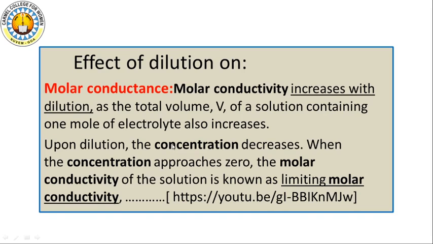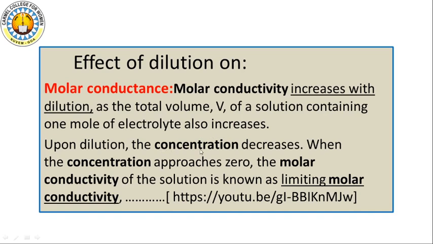What is the effect of dilution on molar conductance? Again, in the same way as we have discussed, molar conductivity increases with dilution as the total volume increases. Here also we use the formula: molar conductivity is equal to specific conductance into the volume. So the volume of the solution containing 1 mole of the electrolyte increases. The volume increases on dilution.